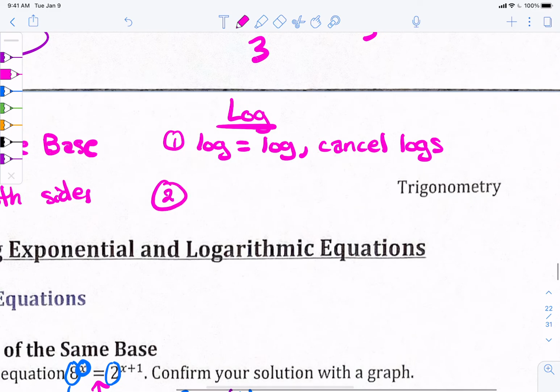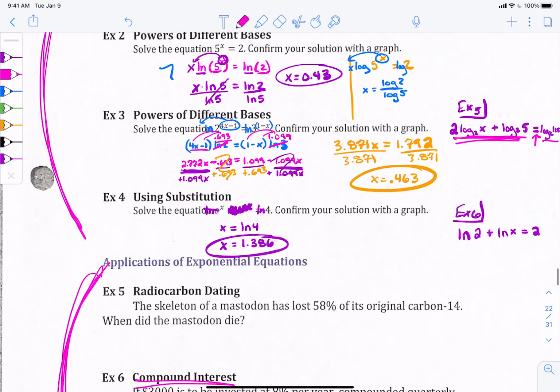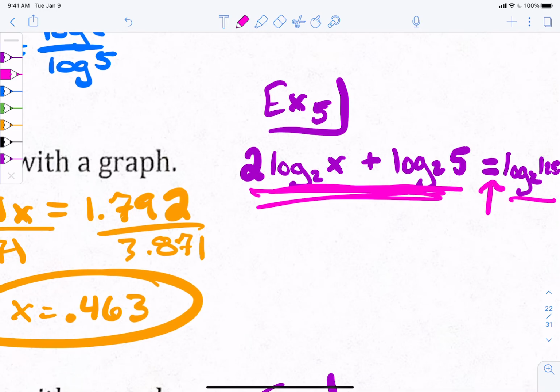Do they have to have the same base? Yes. But I don't think they'll ever give you something that's not the same base. So, log equals log, you cancel the logs. But you can only cancel log on one side and log on the other side. So we have to somehow combine these 2 together over here. Before we combine the 5 and the x, this 2 needs to go somewhere.